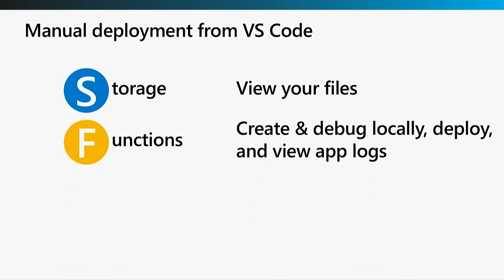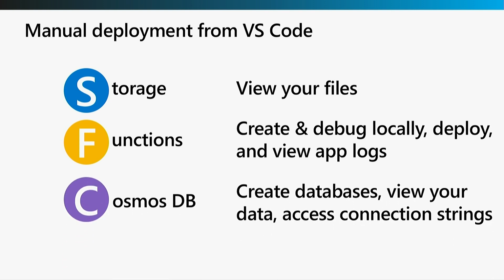Then we're going to use functions again, because so far our functions just live locally on our machine. But we can take that whole function experience and push those up into the cloud, deploy them, and look at the app logs and stream those to see what's happening. And then finally, Cosmos DB, which we'll be able to look at in the cloud and see how that's working.